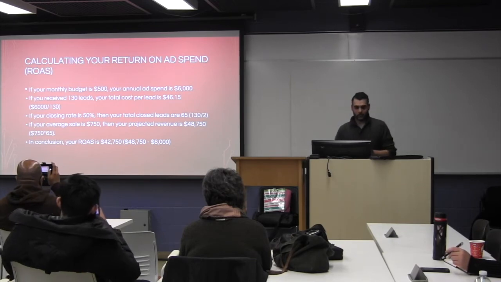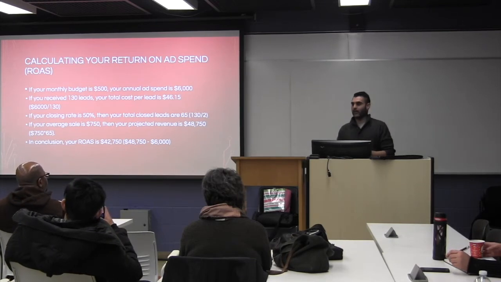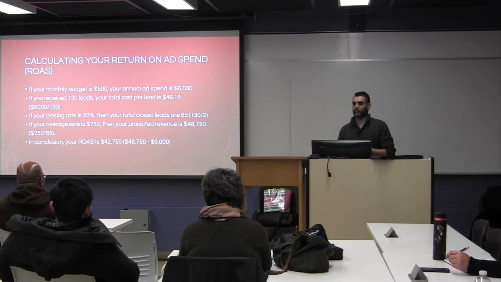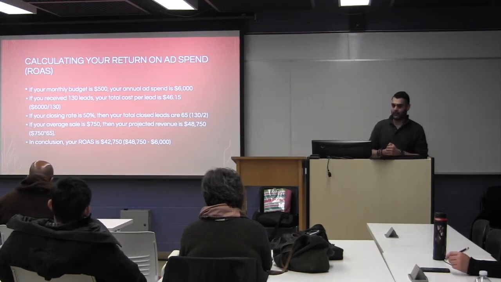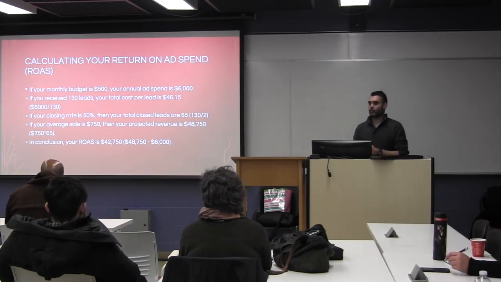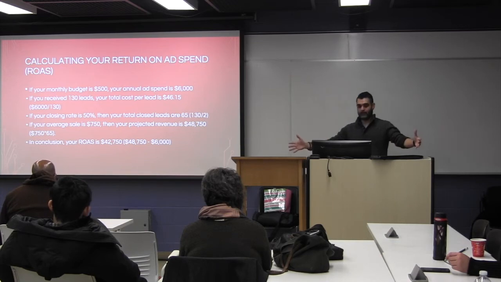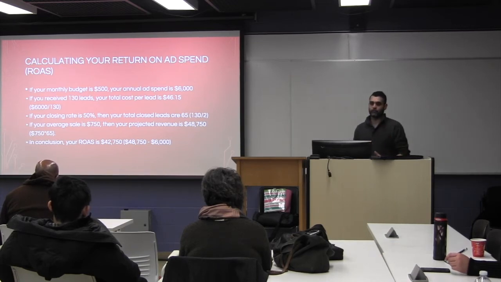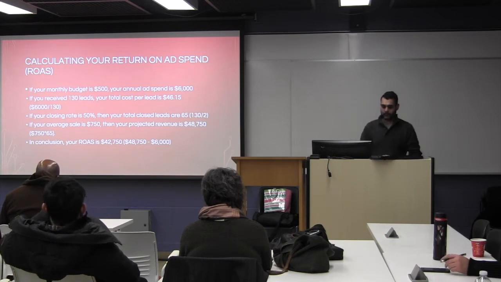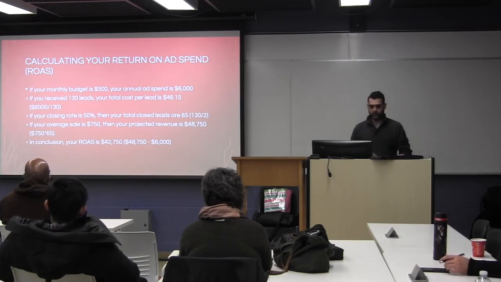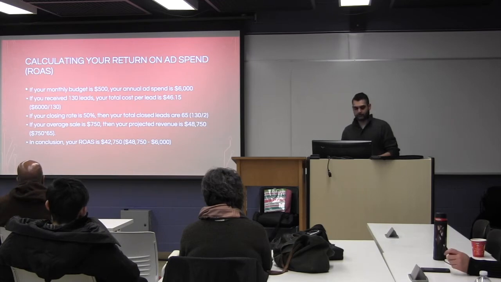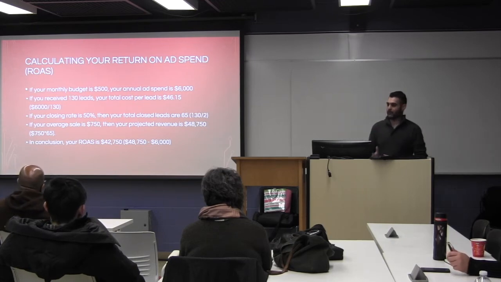Whenever we work with a client, we have to create a roadmap for the client to determine a plan, to see what the overall lifetime value of your campaign can be. I'm throwing numbers out of a hat, and I'm working with very marginal numbers. They can be all over the place. But let's say I'm working with a client and their budget is $500 a month.